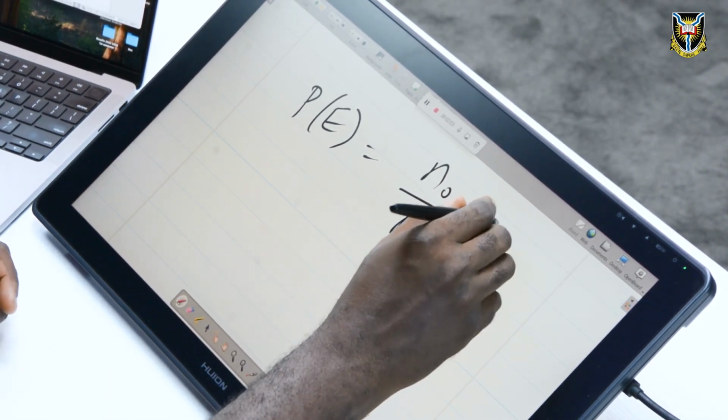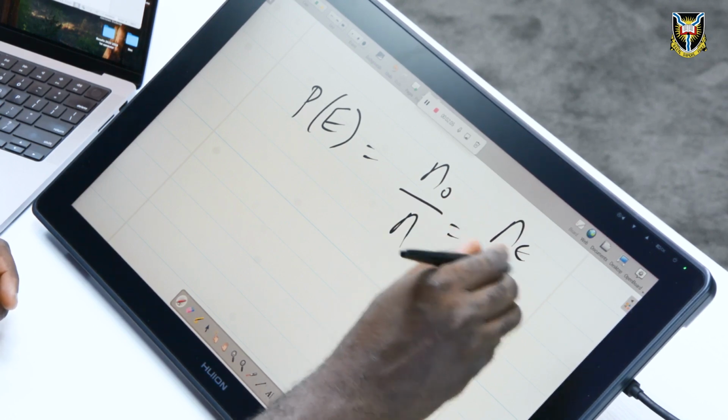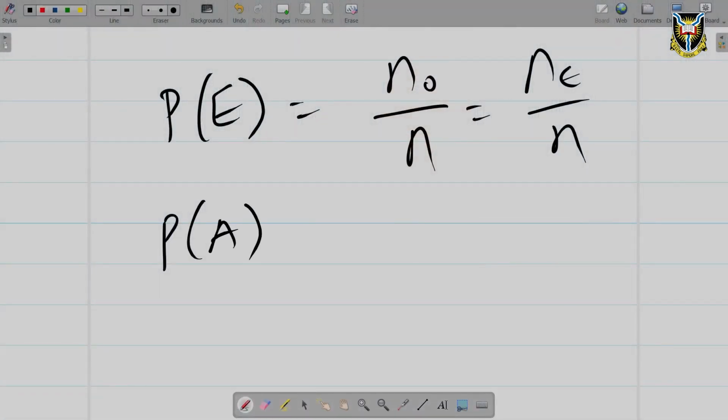Or we say this equals n of E divided by n, where n is the number of elements in the sample space, and n of E is the number of elements in the event set. Having said this, the formula for computing probability under the classical view is given as probability of A equals n naught divided by n.